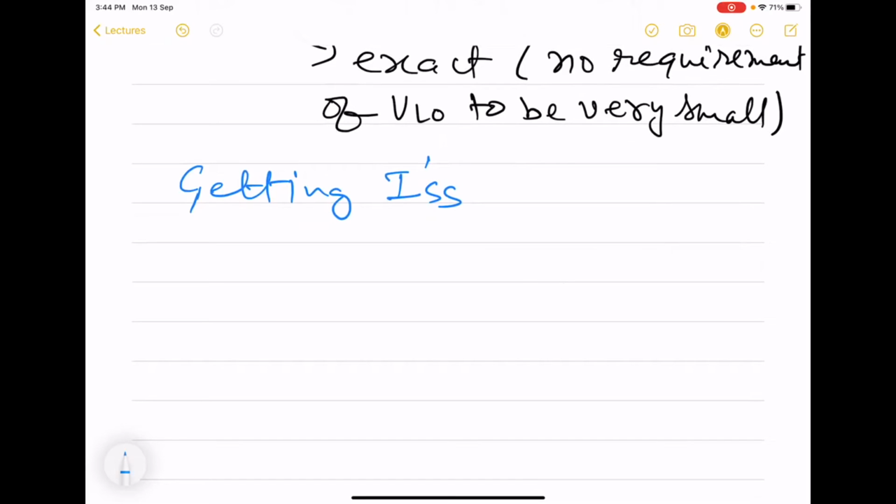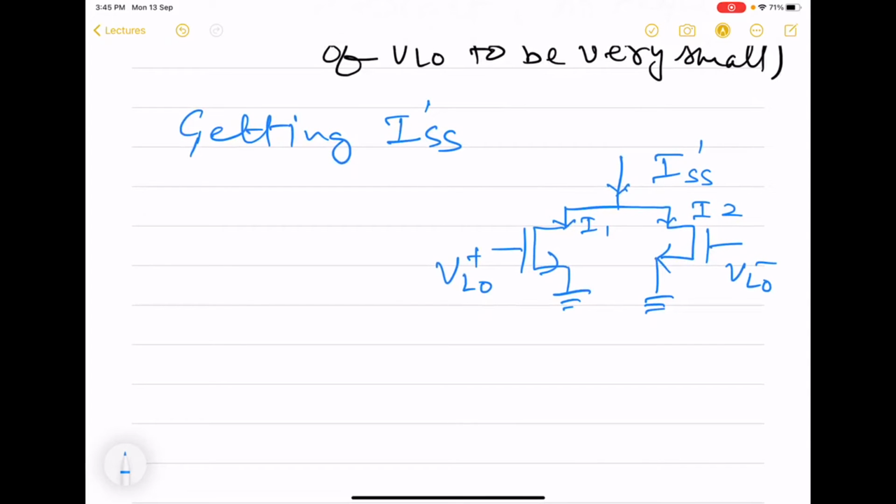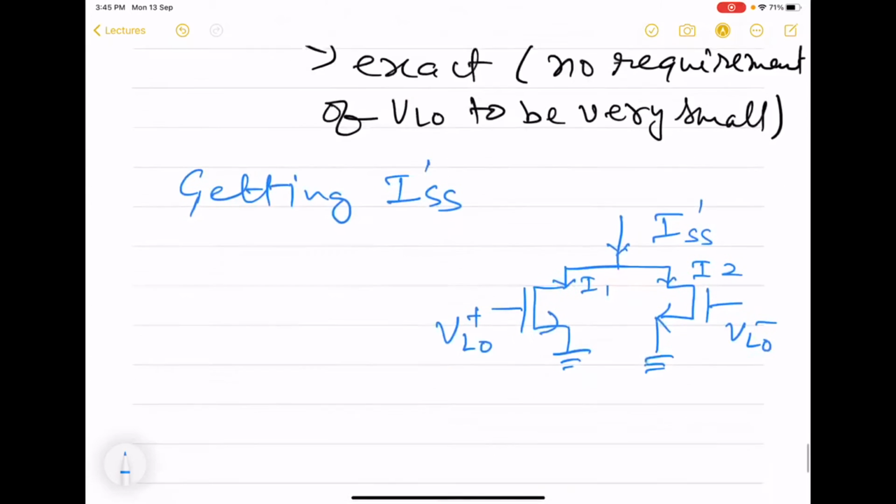We can again take a pair of MOS and make this circuit out of them. And we will be calling this ISS dash. So here we have I1, here we have I2. And we can see that ISS indeed will be of the form that we want.